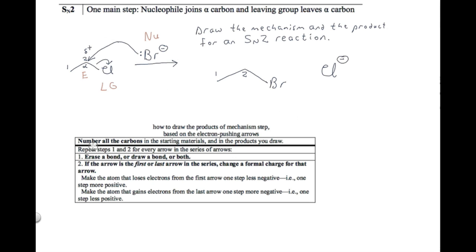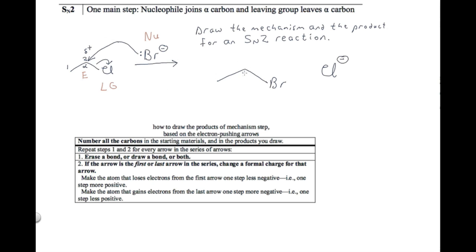Notice that I'm continuing to follow this advice of numbering all the carbons. So I numbered the carbons in this picture as well as in this picture. The purpose of the numbers is to show you which carbons are the same in different pictures. I numbered this carbon, carbon 1, to show that it was the same carbon as this carbon. And I numbered this carbon, carbon 2, to show that it's the same carbon as this carbon.